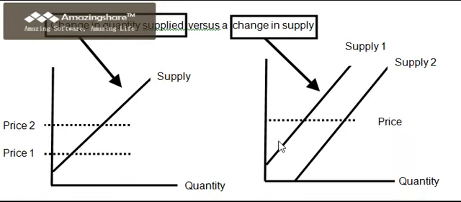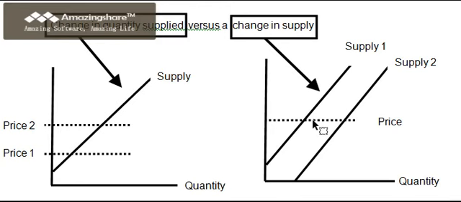Versus a change in supply. A change in supply speaks to the overall supply changing, shifting from supply 1 to supply 2, or vice versa. Moving from supply 1 to supply 2 would be an increase in supply. With increasing or decreasing supply, you'll notice that the price can be the same.